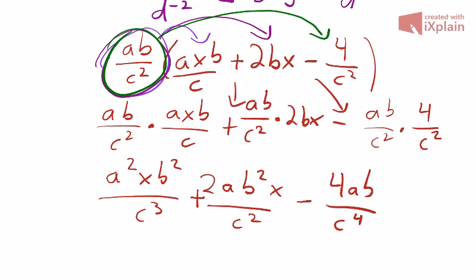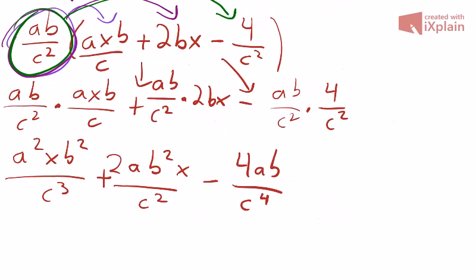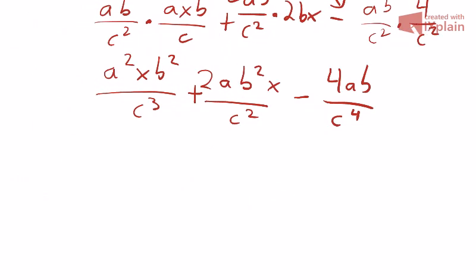My c squared times c ended up with c cubed on bottom. ab times axb, the a is squared, the b is squared, x stays the same. 2 comes out to the front, b is now squared, I have an a and an x over a c squared. Over here I have 4 times ab divided by c to the 4th. And that is already simplified. So we are all done.